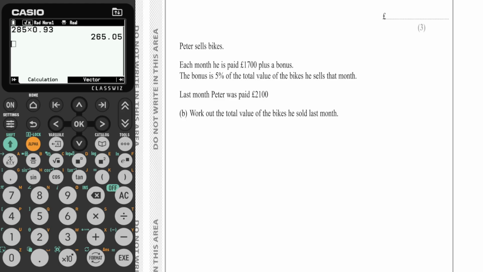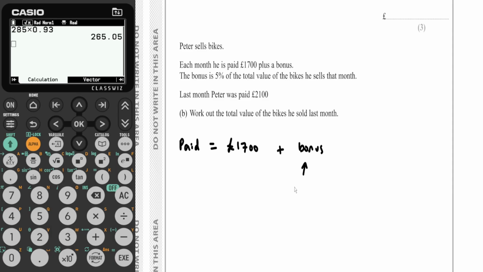So in terms of what Peter is paid, that's equal to £1,700 plus some bonus.